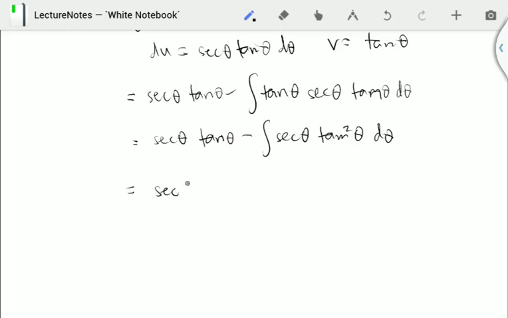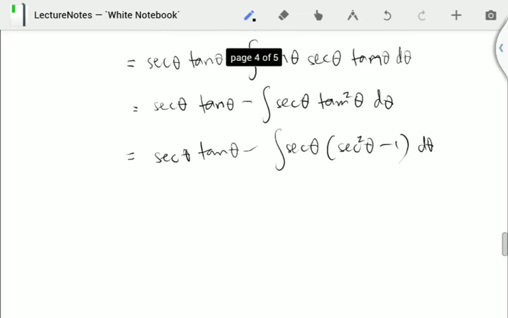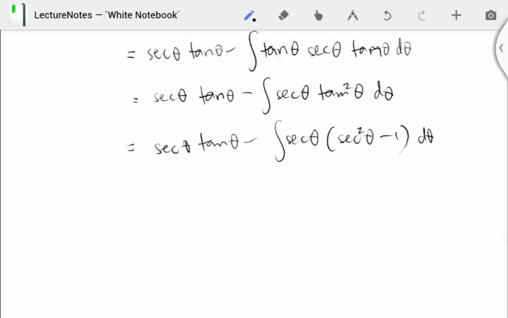So that is equal to sec theta tan theta minus the integral of sec theta times sec squared theta minus 1, that's basically your tan squared d theta. Afterwards, we can distribute: sec theta tan theta minus the integral of sec cube theta d theta plus the integral of sec theta d theta.